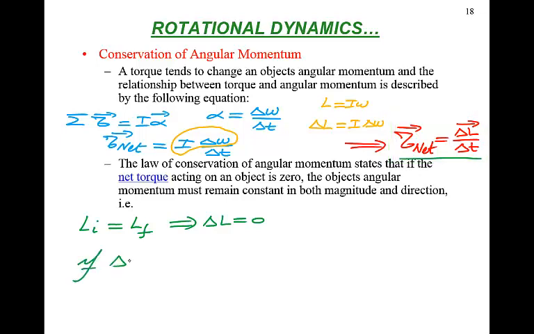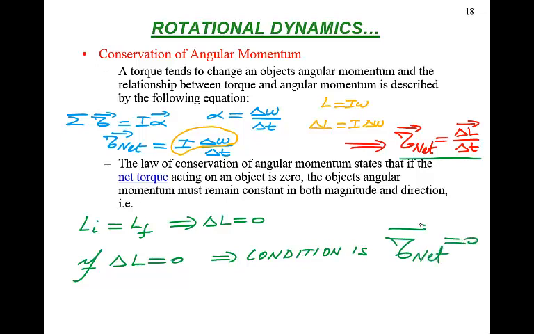If delta L is to be 0, what is the condition? The condition is the net torque has to equal 0. We have learned about 3 conservation laws so far.